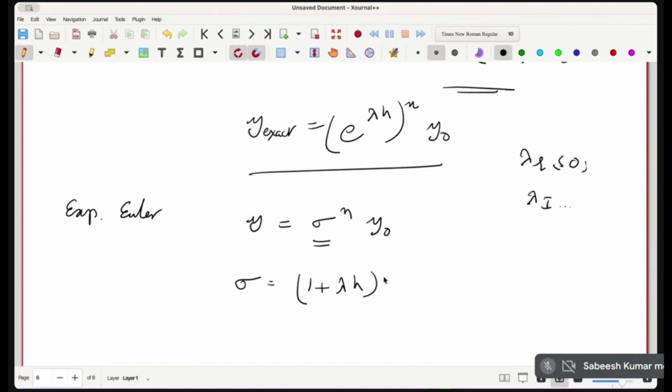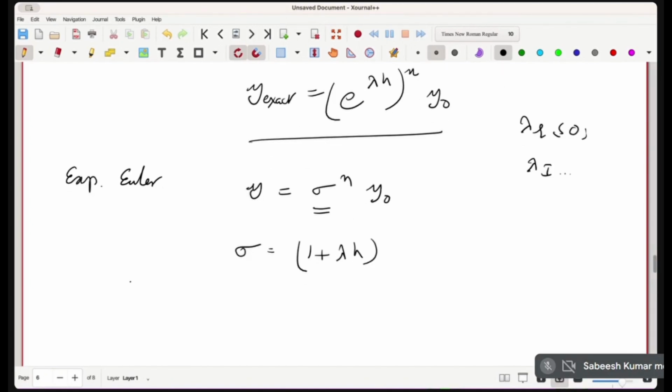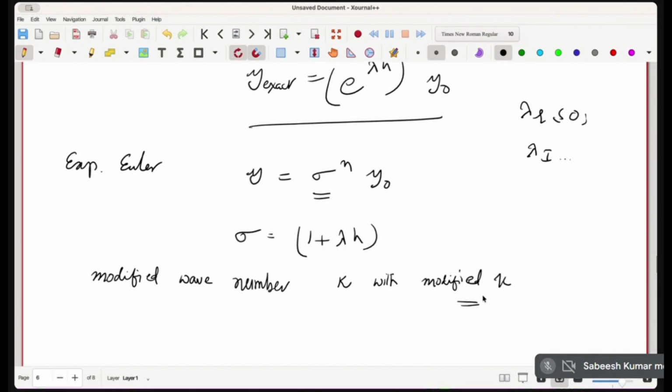Now, if you go back to the previous classes, we compared the k with modified k, or k prime, right? And then we said, okay, the solution is not accurate in this region and it is accurate in the other region and so on.